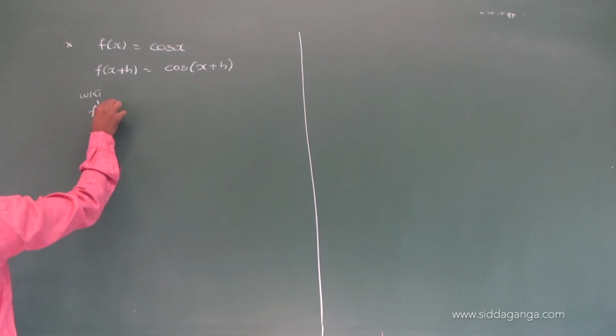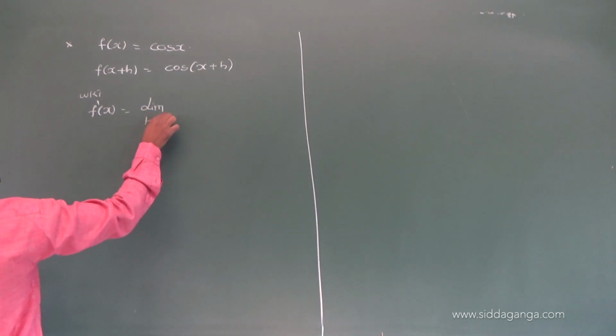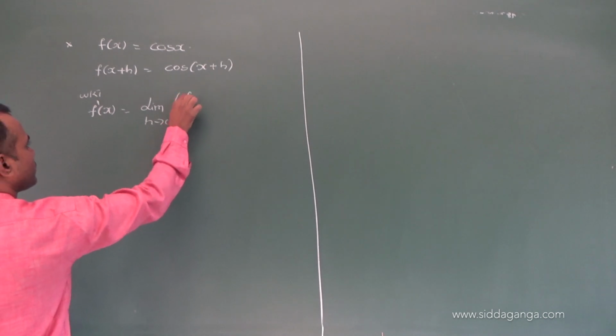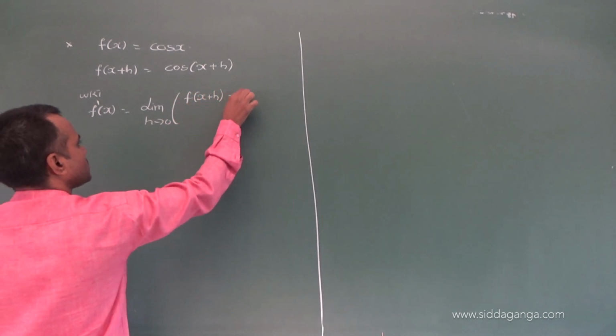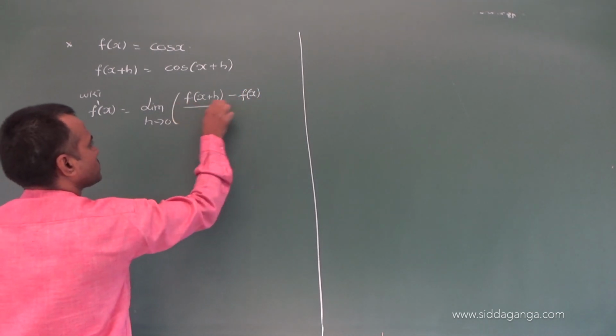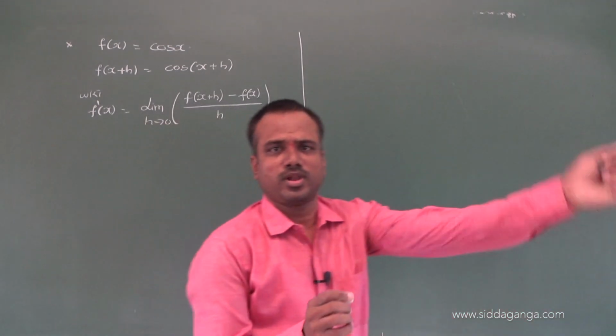We know that f dash of x is limit h tends to 0, f of x plus h minus f of x divided by h. First principle method.